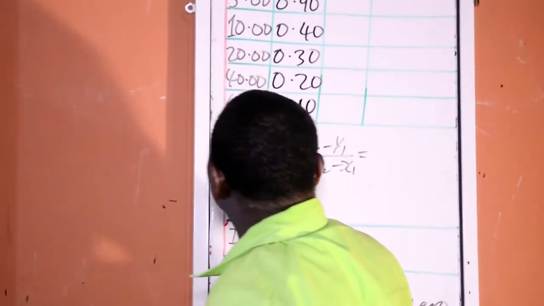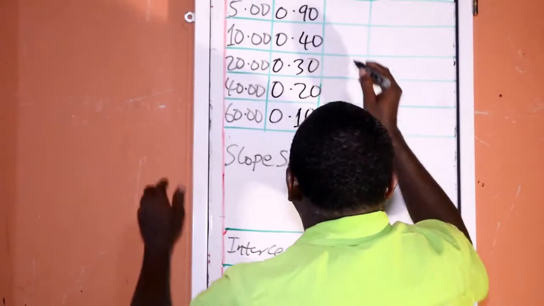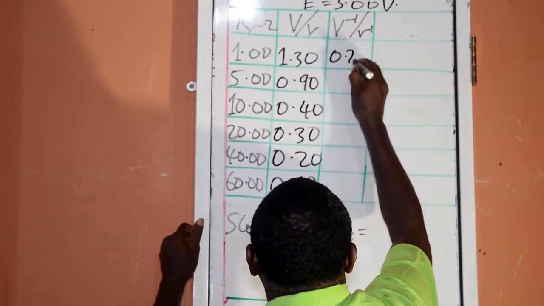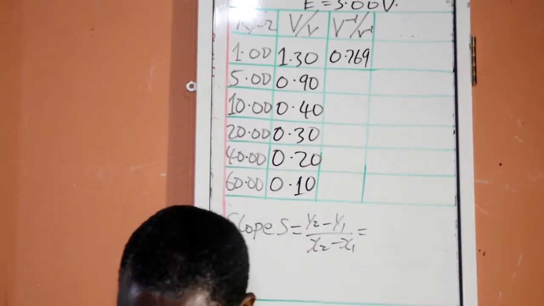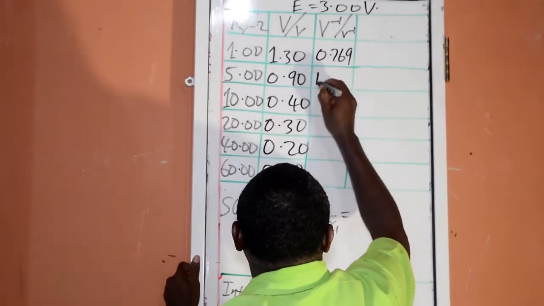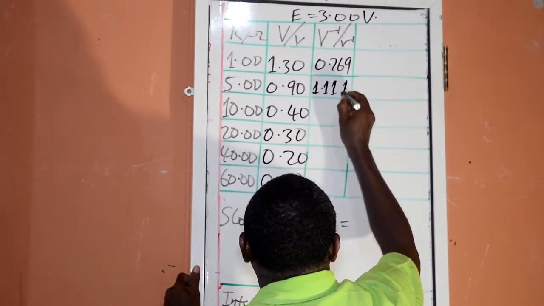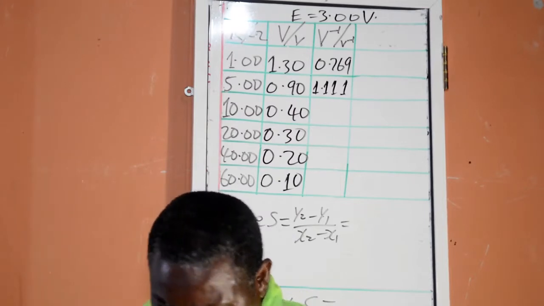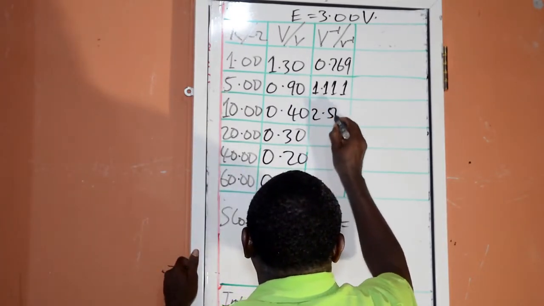Now, the inverse of 1.3 is 0.769. The inverse of 0.90 is 1.111. The inverse of 0.4 is 2.5.